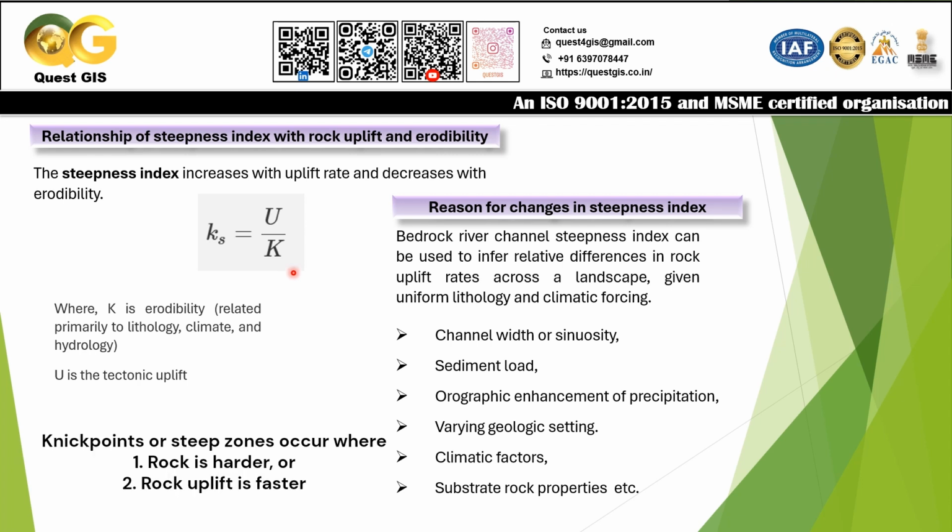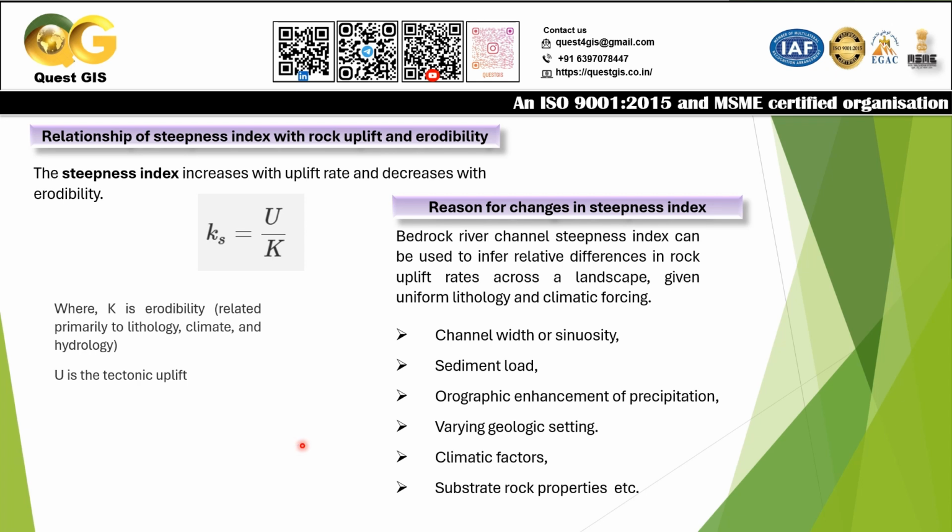So therefore, we expect knickpoints or steep zones in rivers to occur where rocks are hard or tectonic uplift is fast, right? And the temporal changes in climate and tectonics of course complicate these relationships, but identifying these changes can provide us invaluable information for tectonic analysis.